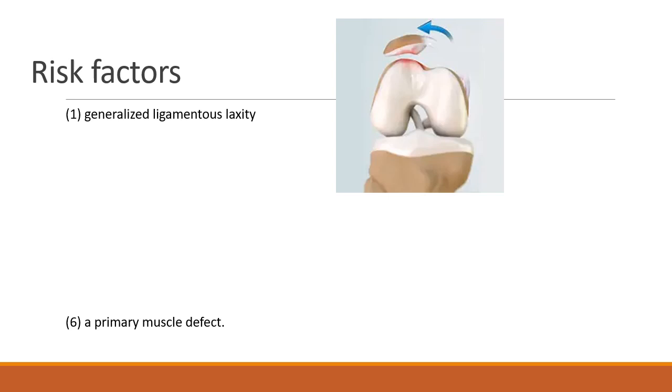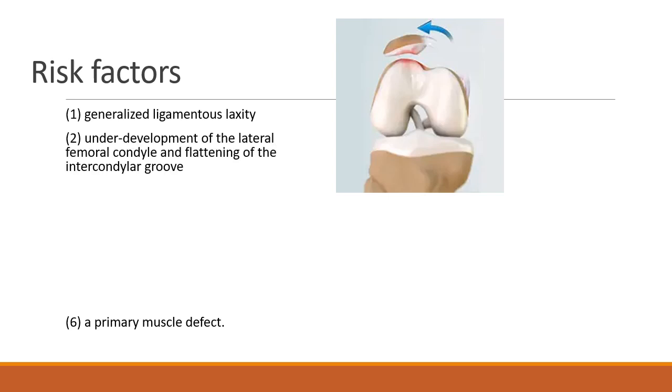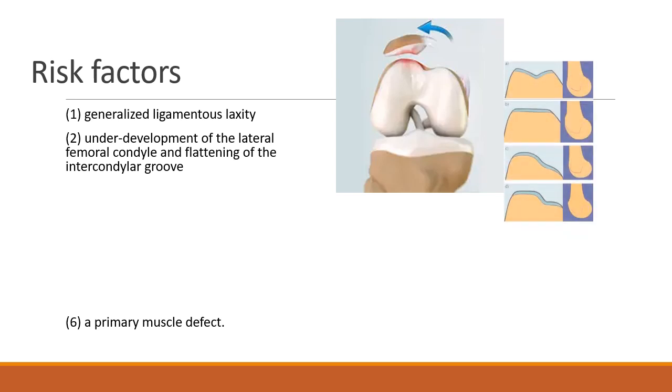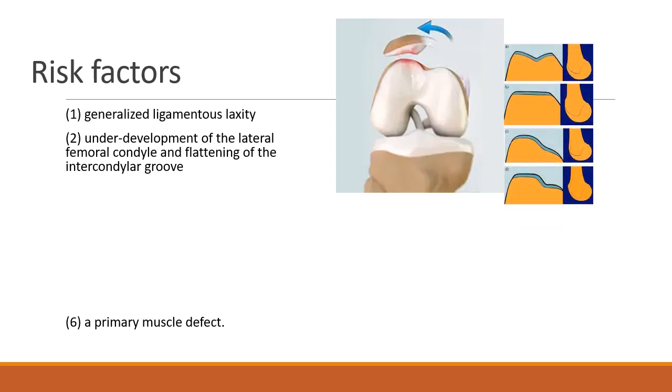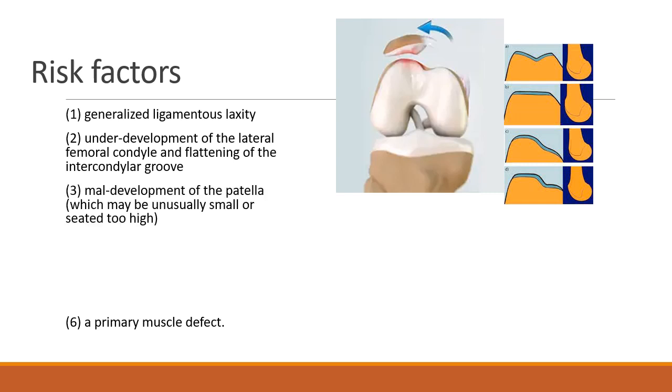A wasting, atrophy, or defect in that muscle can predispose the patient to patellar dislocation. Other factors include underdevelopment of the trochlea, especially on the lateral femoral condyle. This is called trochlear dysplasia. So if the trochlear shape is not this saddle shape anymore, it is flat or dome shape, this might increase the risk of patellar dislocation.